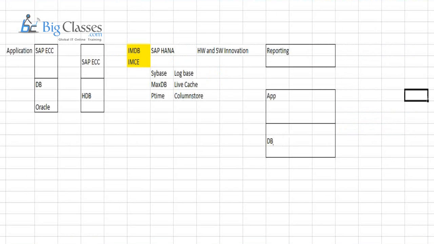If I'm trying to hit this application with my reporting query, whatever I write in my reporting tool hits the application, and the application in turn hits the database, and the database responds through the application to the reporting tool. Right, so this is how your reports generally run.